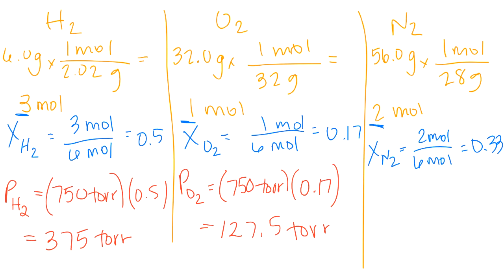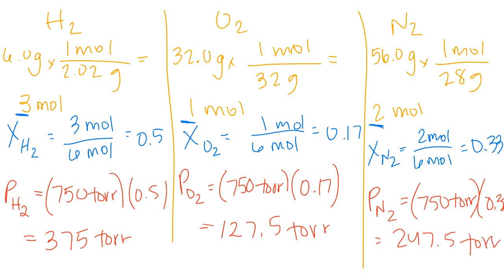And then for our partial pressure of nitrogen, we're going to take 750 times 0.33, ran out of space. 750 times 0.33 gives us 247.5 torr.